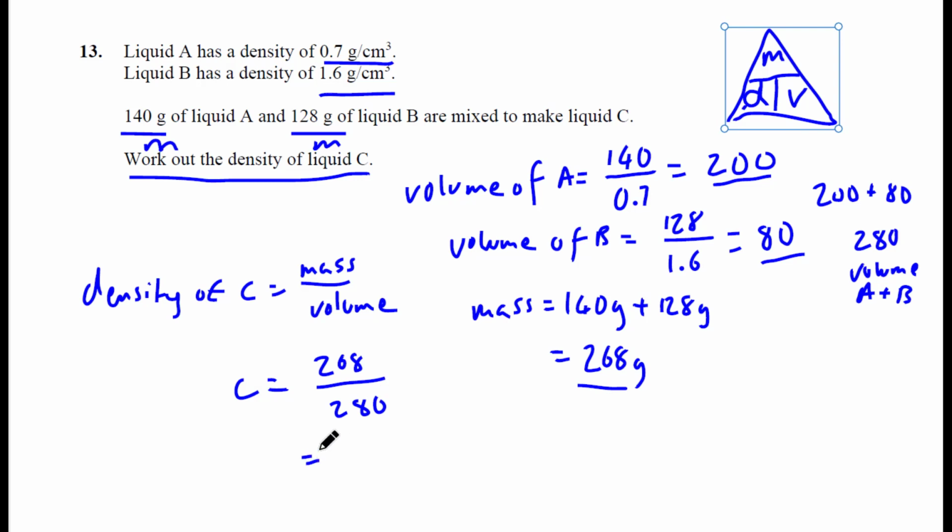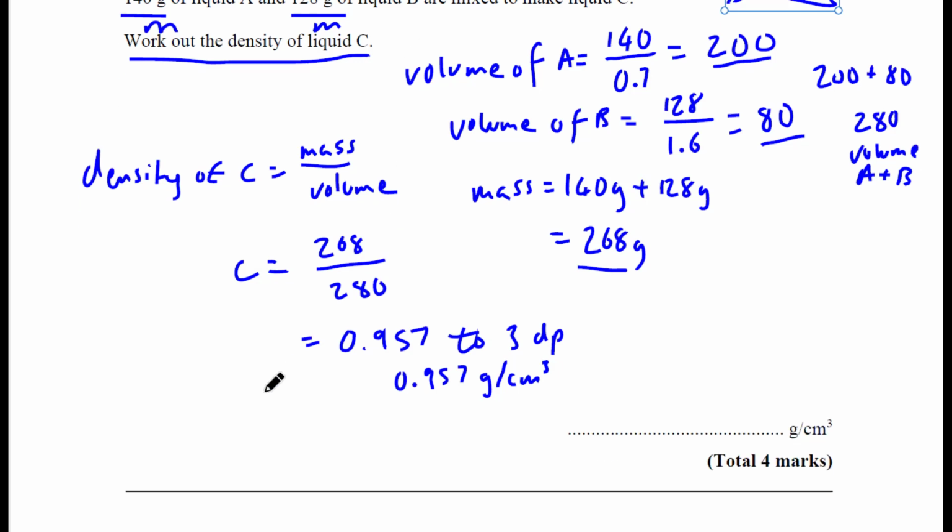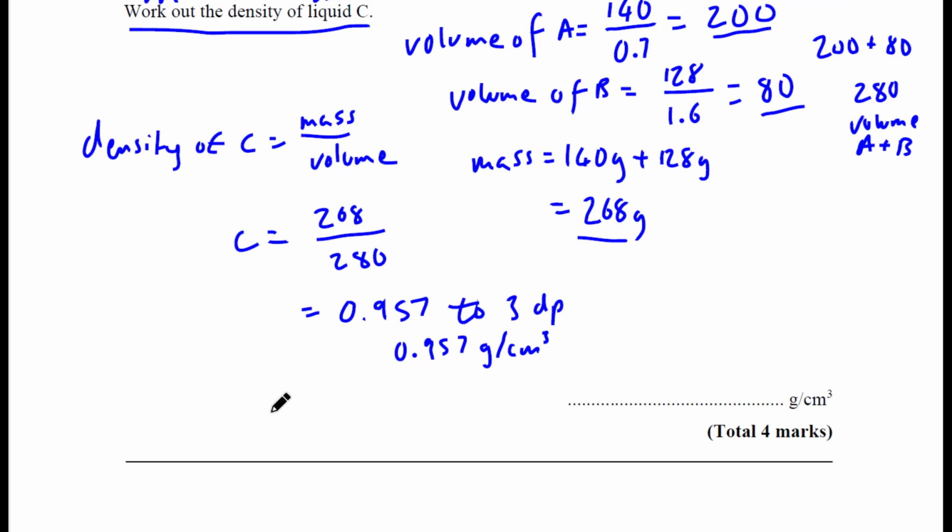Put that into your calculator. Get 0.957 to 3 decimal places. So the density is 0.957 grams per centimeters cubed, which if you estimate that answer, that looks correct because the density has to be in between these two answers, and you've got another 4 marks, so we're now on 50.